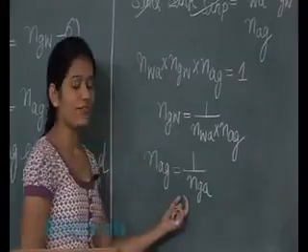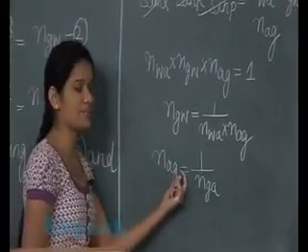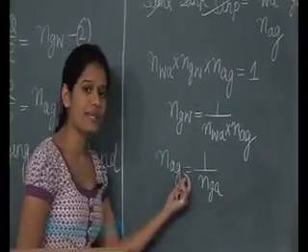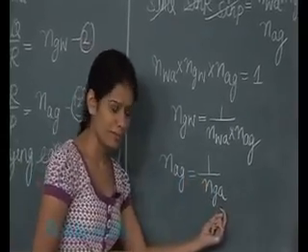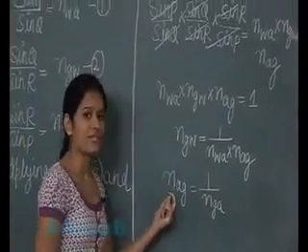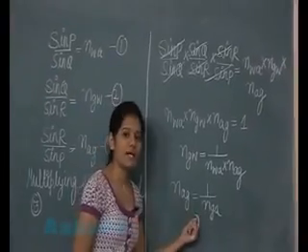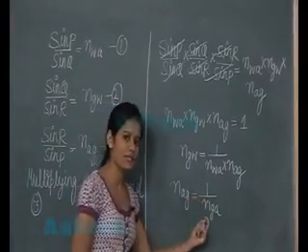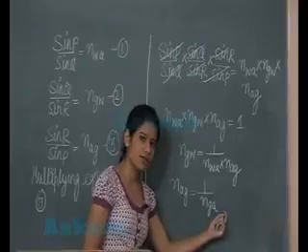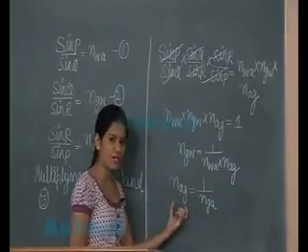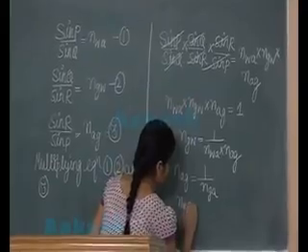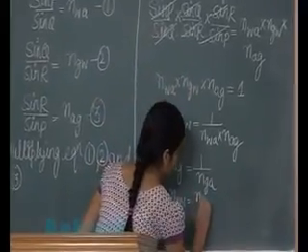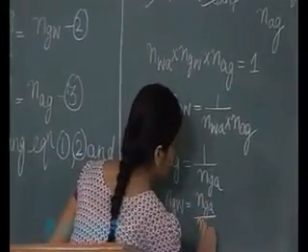We know the refractive index of one medium with respect to another can be written as the reciprocal of the refractive index of the second with respect to the first. So the refractive index of air with respect to glass is the reciprocal of the refractive index of glass with respect to air. Now we will substitute this value of Nag here and we will get Ngw is equal to Nga by Nwa.